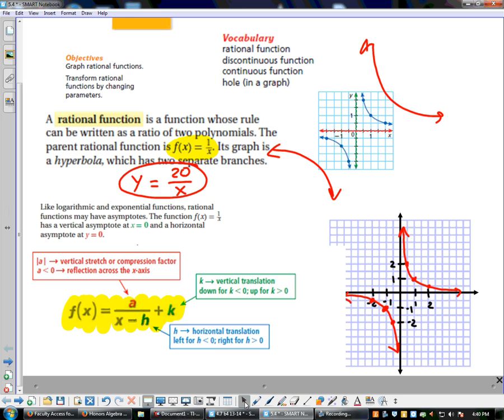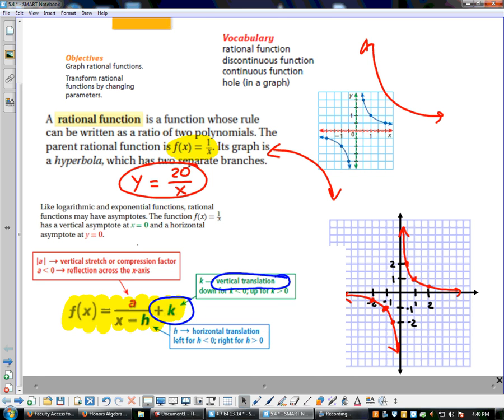If we add or subtract something to the x itself, that's going to be a horizontal translation. It's going to shift things to the left or right. And you know that if we add on something at the end of the function, that is going to be a vertical translation.